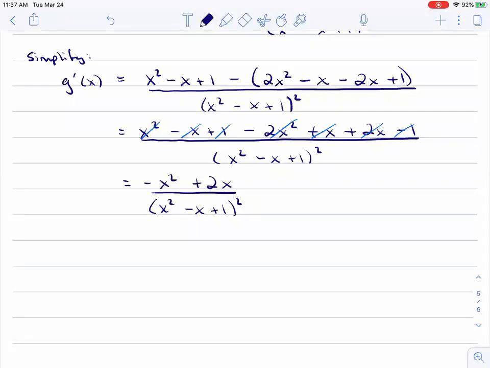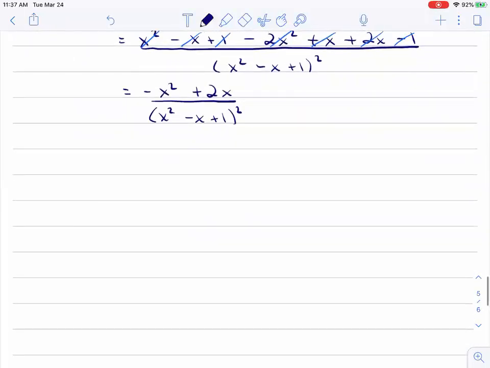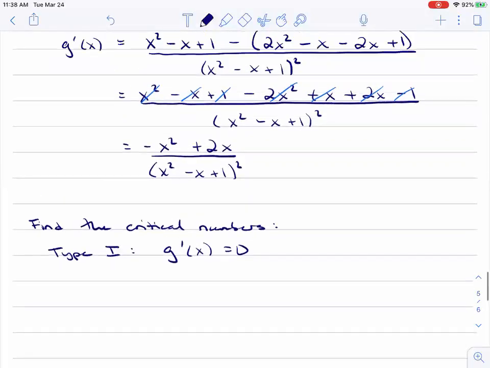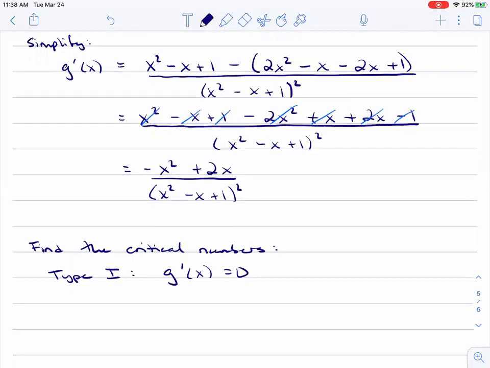So now we have to find our critical numbers. Find the critical numbers. So the type 1 is when, I guess I shouldn't use f, we're using g prime, is when g prime of x equals 0. So this thing, g prime of x, can only equal 0 if the numerator is 0, right?